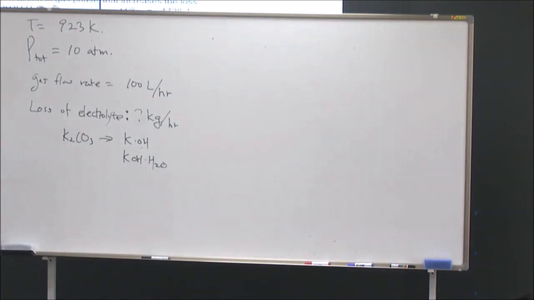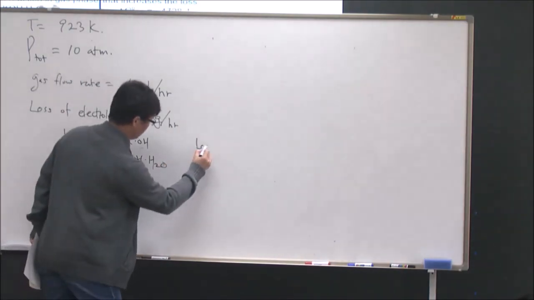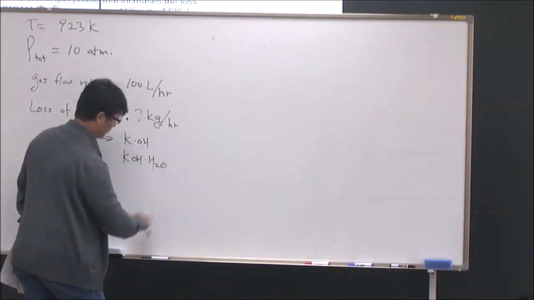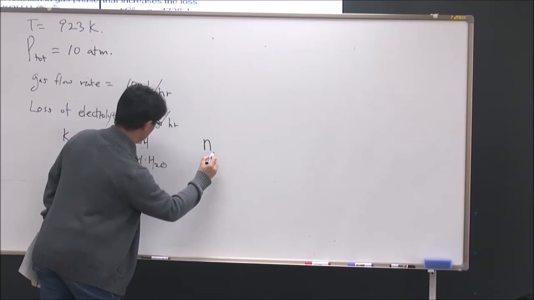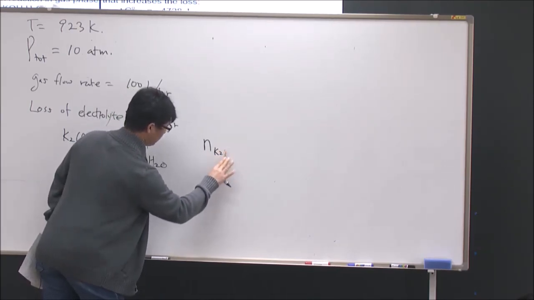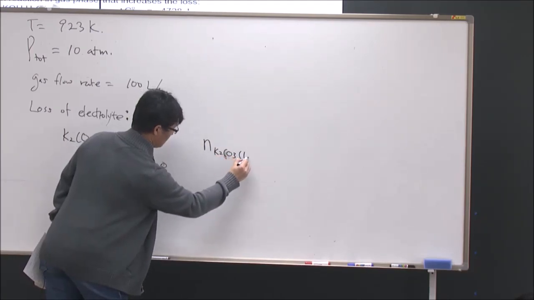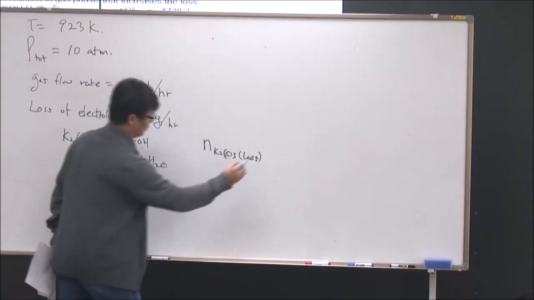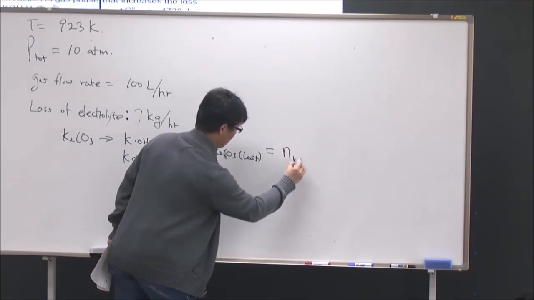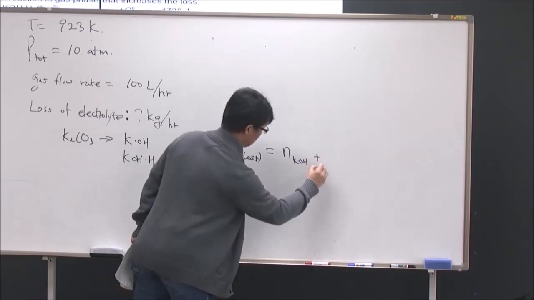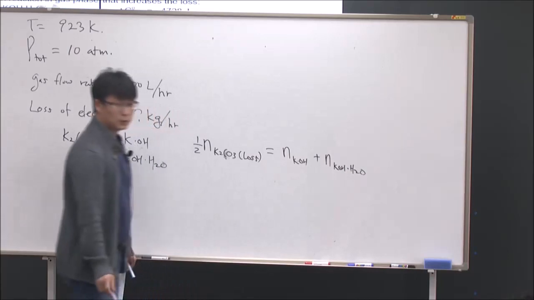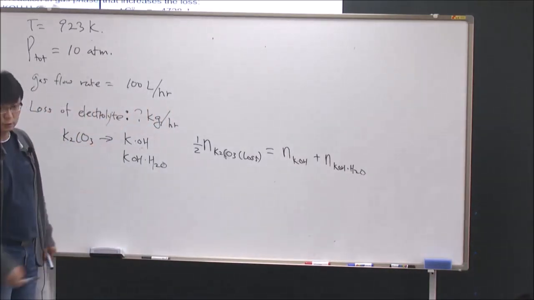Am I right? So the loss, N of K2CO3 loss, will be half of N of KOH plus N of KOH H2O.